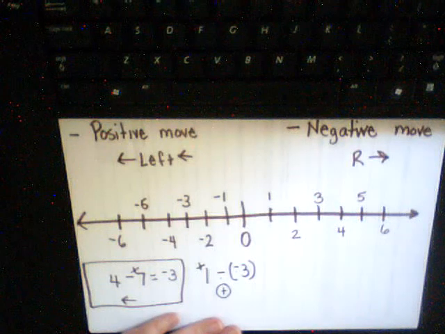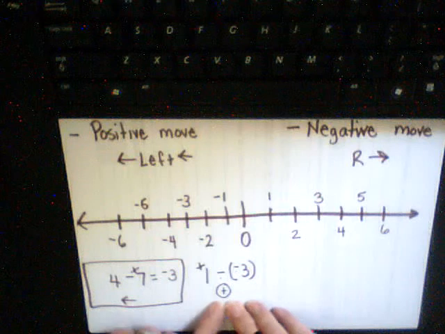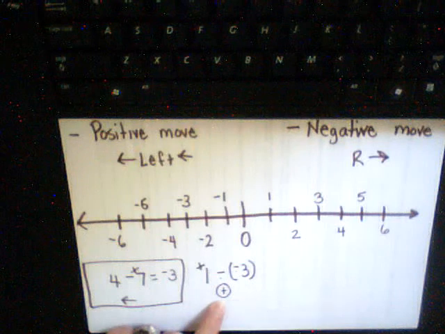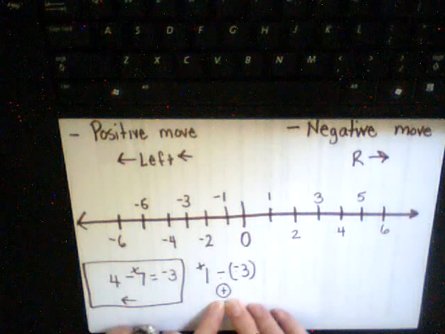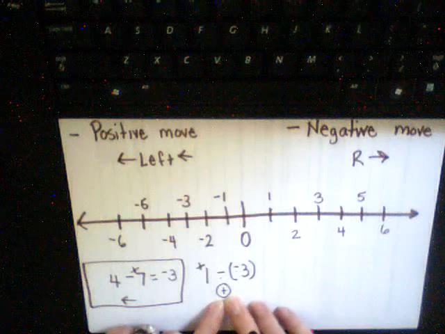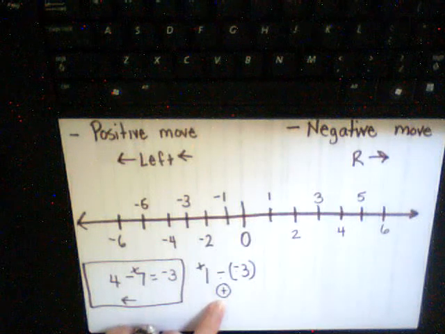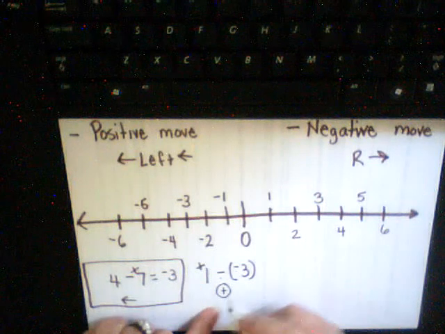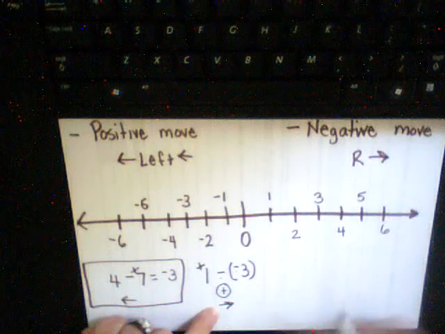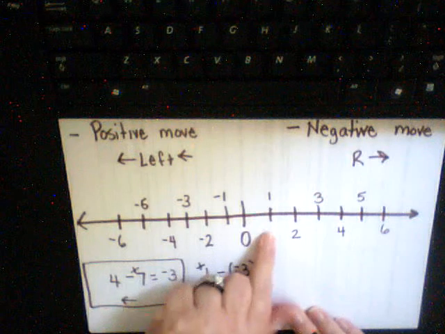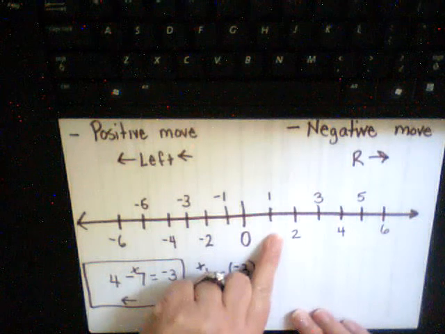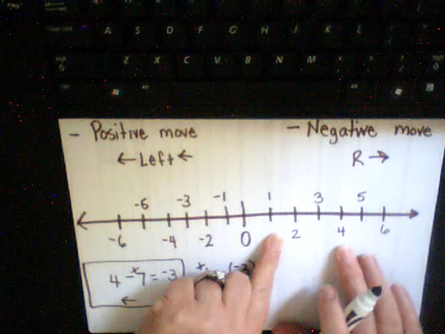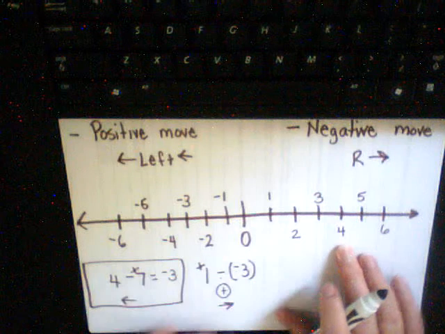In my thinking, that means to move right. So anytime I see 2 negative signs, in my mind, I change it to a positive sign. Only in my mind. I don't do it actually on the paper. So I go from a positive 1 to the right 3 spaces: 1, 2, 3, and I come to positive 4.